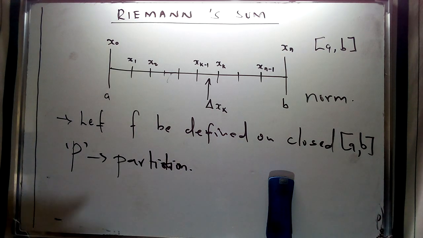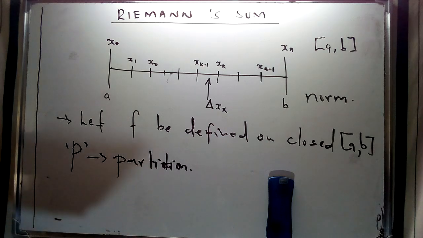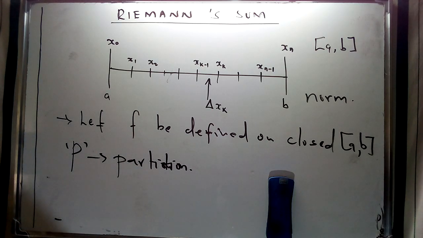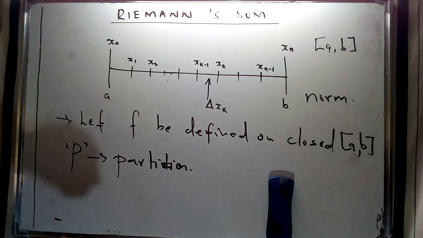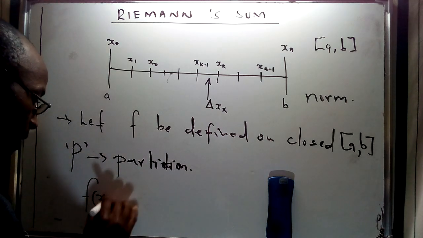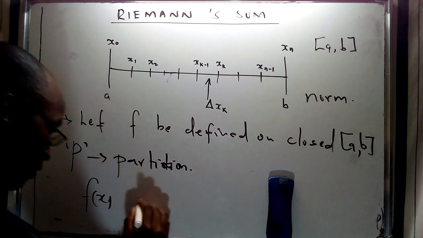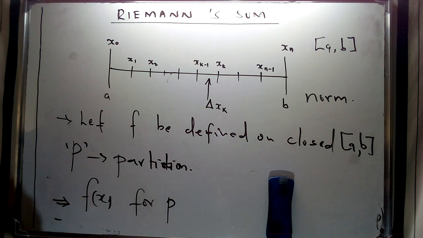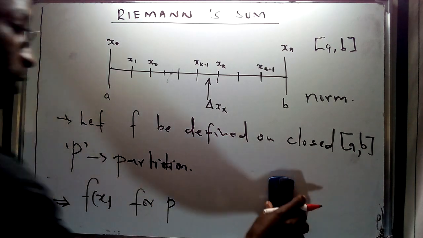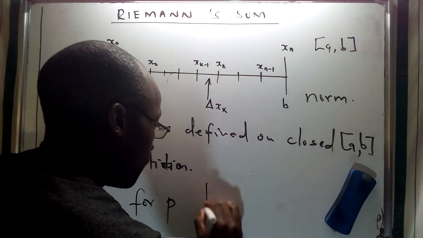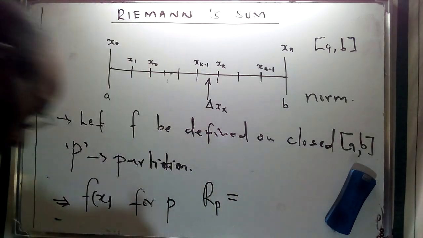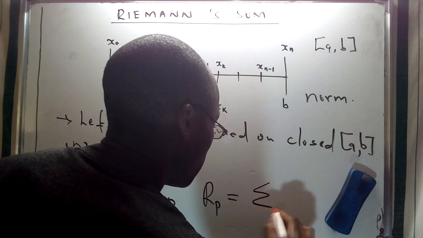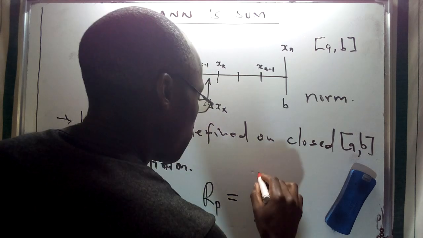And therefore we can find a relationship between this by giving it in terms of an expression, whereby we are going to give it as a function of x for P. So it's going to be given as a function f(x) for the partition of P, which is going to be in the form of Rp is equivalent to the summation from k equals 1 to n.